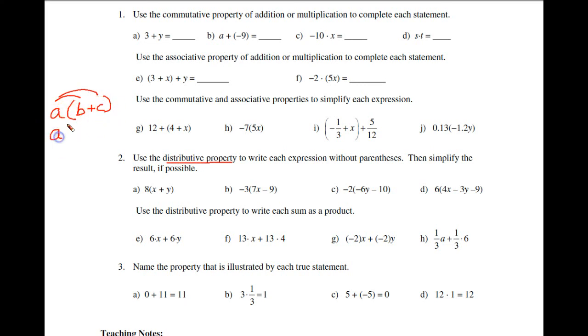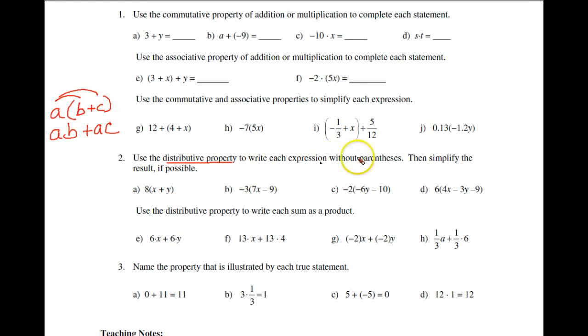So this becomes an AB, this becomes an AC. We have distributed that. Now since there are letters, we can't actually do the multiplication. Down here in some cases we will be doing it.